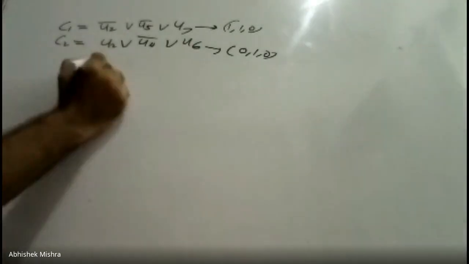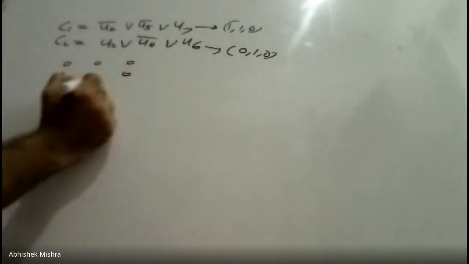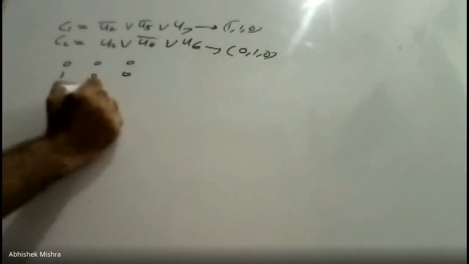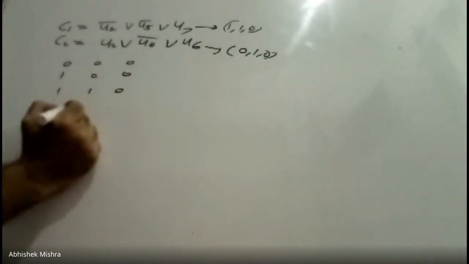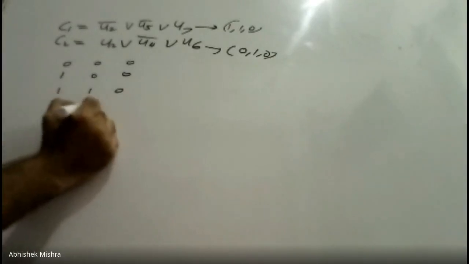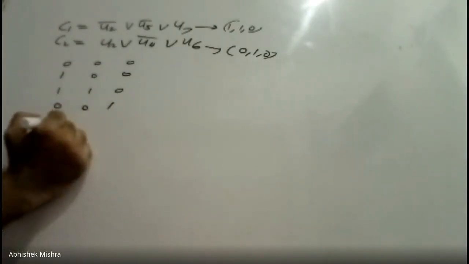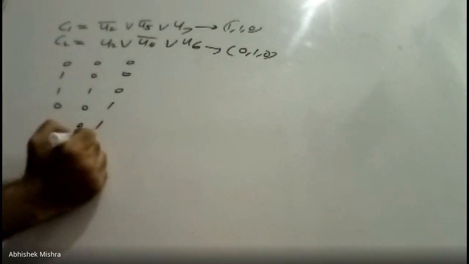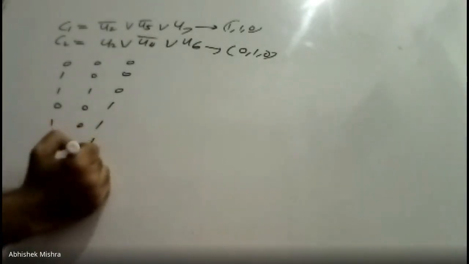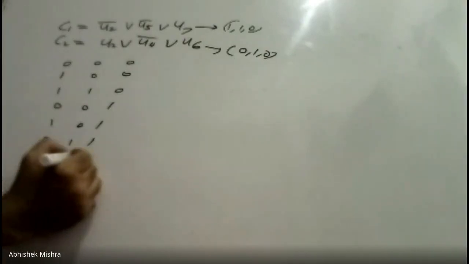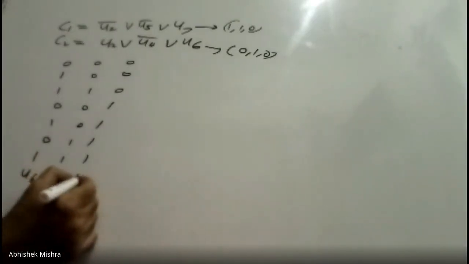If we take 0 0 0, 0 1 0, 0 1 1, 0 0 1, 1 0 1, 0 1 1, 1 1 1, the variables are U6, U4, and U2.